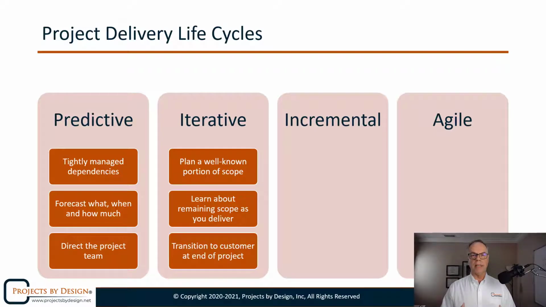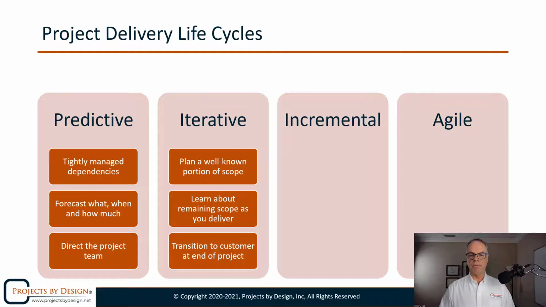We're going to transition to the customer at the end of the project. In other words, all of what we're going to do in segments is in a very predictive way, managing those tight dependencies and so on. But in doing so, we're going to learn about future scope. And once everything is completed, then the customer can start getting the benefit of what is delivered at the end of the project.